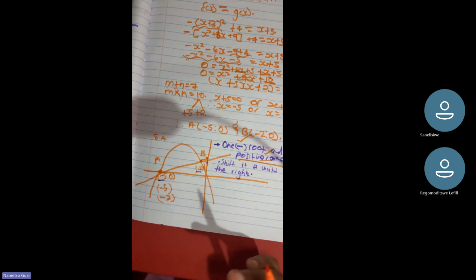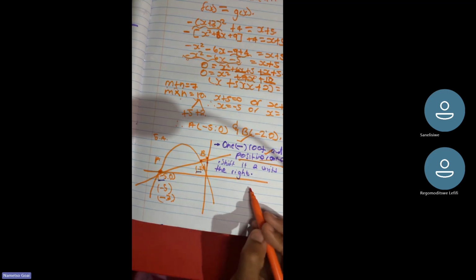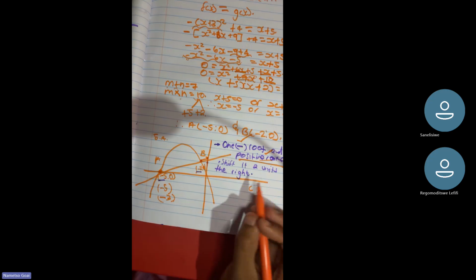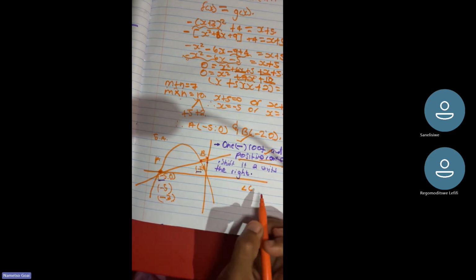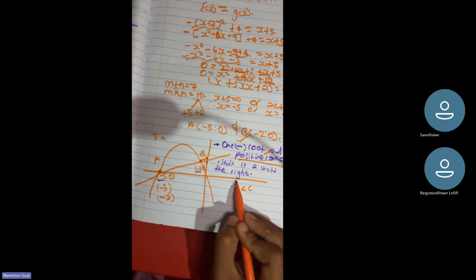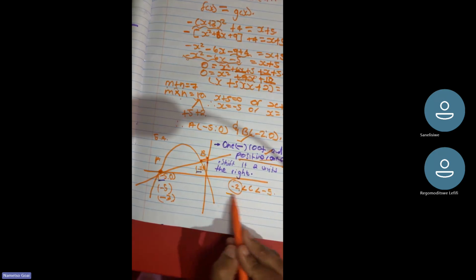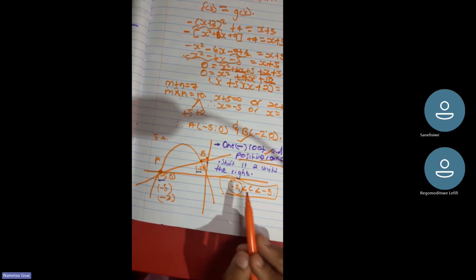Okay. So this is what the C will look like. The C will have to be greater than -2, but less than -5. Let me explain what I mean by this. Because remember, we're shifting it how? 2 units to the right.